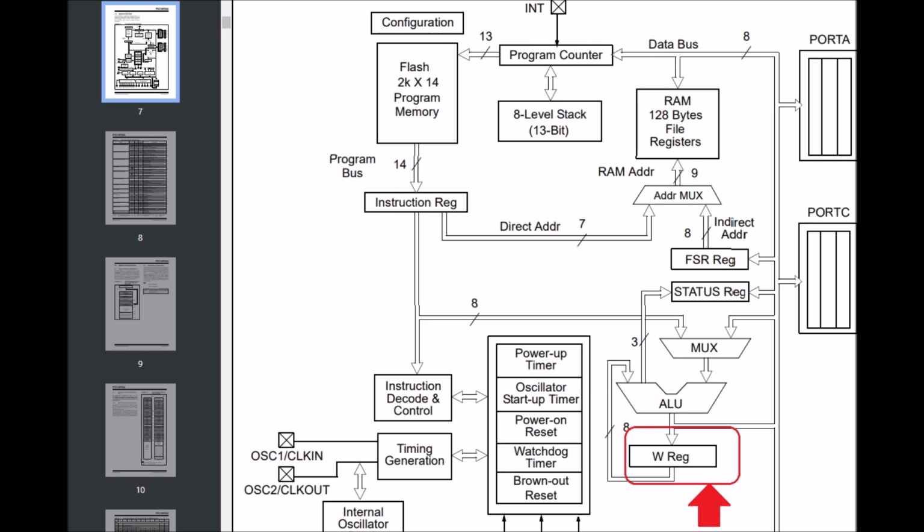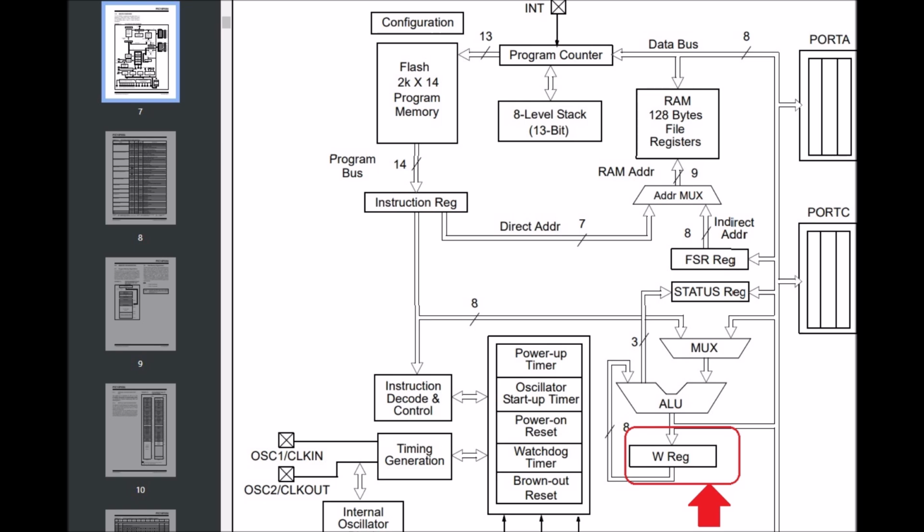It also interacts with the MUX, multiplexer, which selects inputs for the ALU operations. The WREGE can receive data from the ALU after processing, or it can be loaded with data from other registers or immediate values through the data bus.